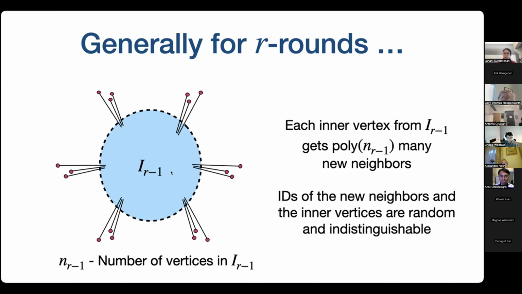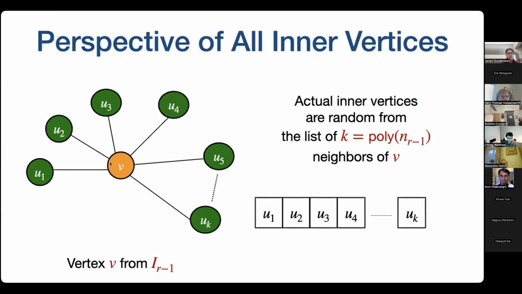So let's zoom in a little bit to see what the input of some vertex from I_{R-1} actually looks like. So this vertex V, let's say it's from I_{R-1}. It is going to have a big list of neighbors. K is going to be some polynomial in n_{R-1}. And it won't know which one is a part of the smaller instance, which one is a part of the outer instance, and so on.